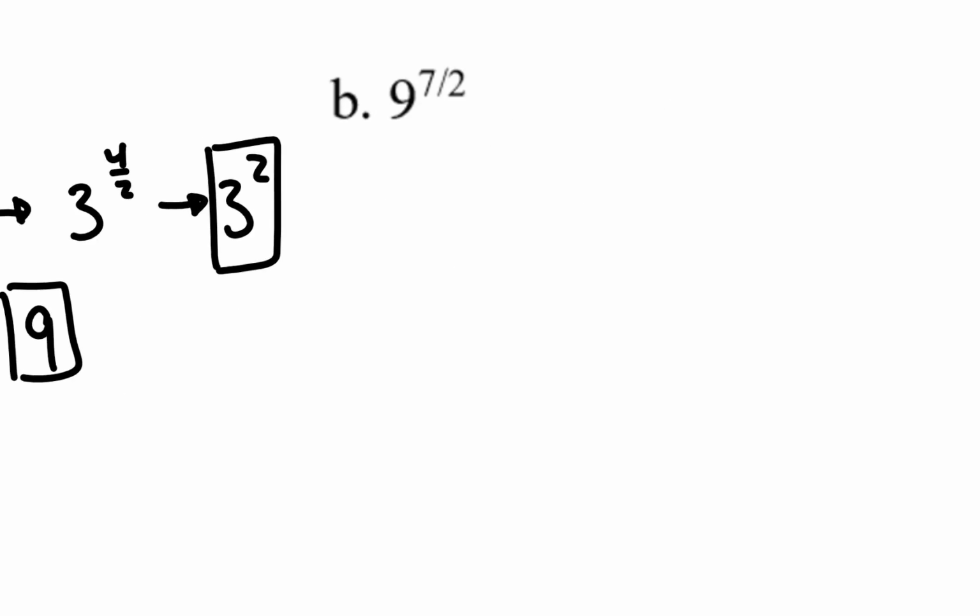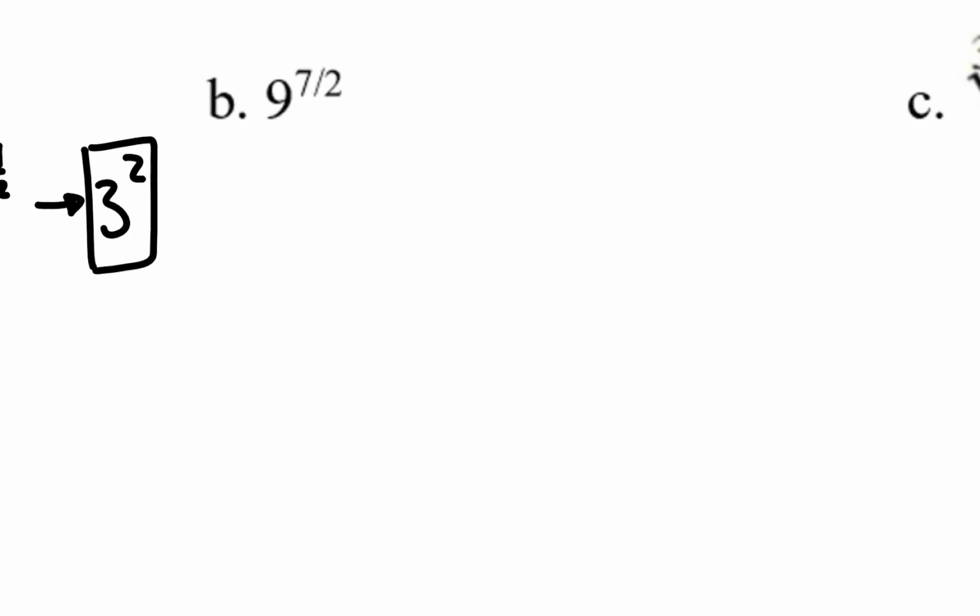Okay, so let's look at B. So I can see that's got a 1/2 in it, right? It's 9 to the 7/2 power. I'm going to write it like this, 9 to the 1/2, because remember, if I have a power to a power, I would multiply the 7 times the 1/2, which would give me the 7/2.